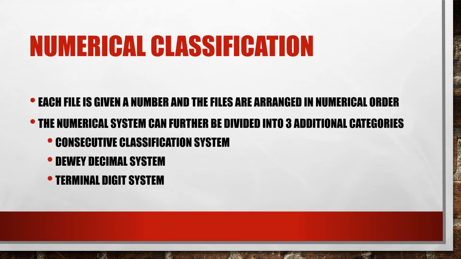So for example, have you ever been on a phone call and the person would ask you, what's the last few digits of your social security number, or the last few digits of your credit card number? That would be an example of a terminal digit filing system.